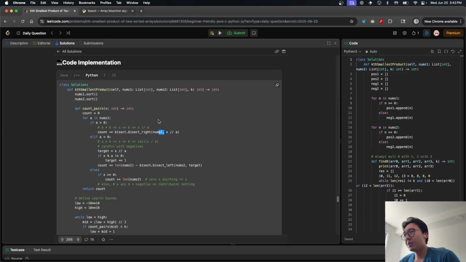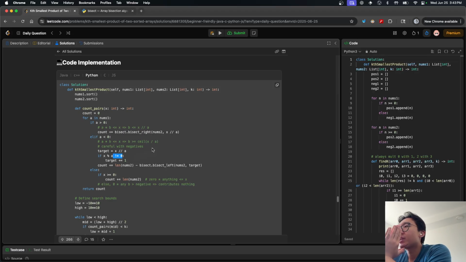And then on the left, when a is less than zero, this is something that I don't understand. If a is less than zero, be careful with the negatives.